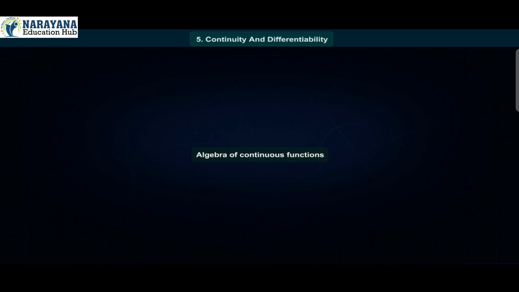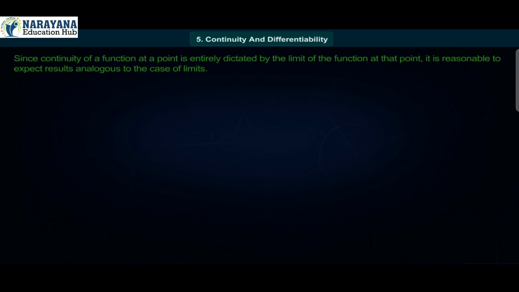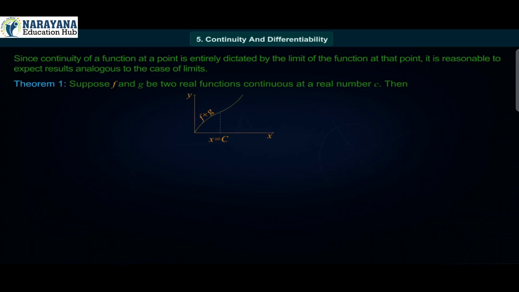Algebra of continuous functions. Since continuity of a function at a point is entirely dictated by the limit of the function at that point, it is reasonable to expect results analogous to the case of limits. Theorem 1. Suppose f and g are two real functions continuous at a real number c.